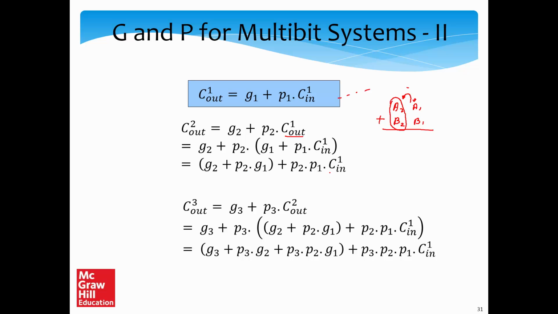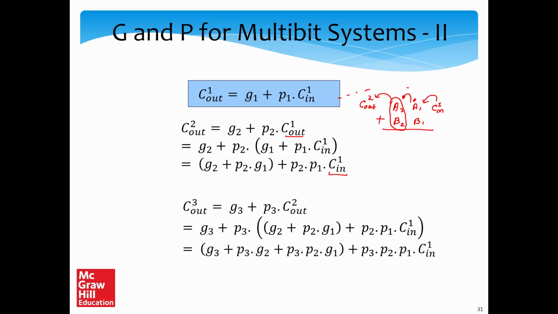So what I see is that finally I have Cout2, which is the carry coming out from this as Cout, and the carry which is going in, which is Cin1. So I finally have an equation in terms of Cin1 and the generate and propagate functions of the pair of bits.